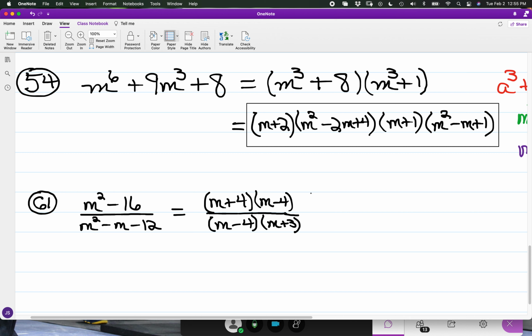And I'll just take this one step further. Notice we have a common factor between the numerator and denominator expressions.